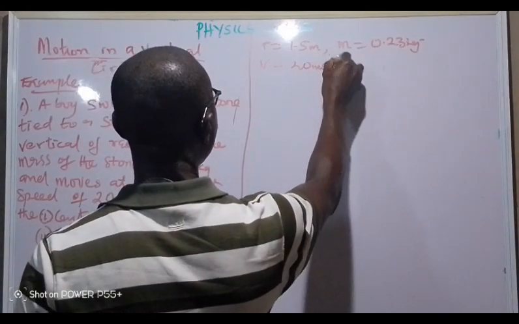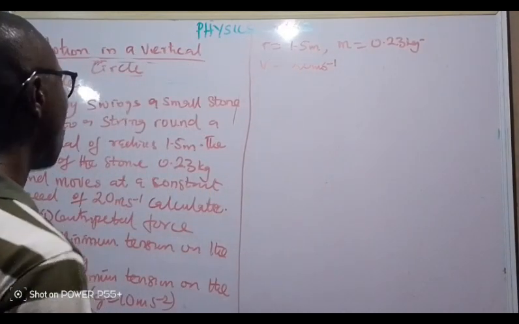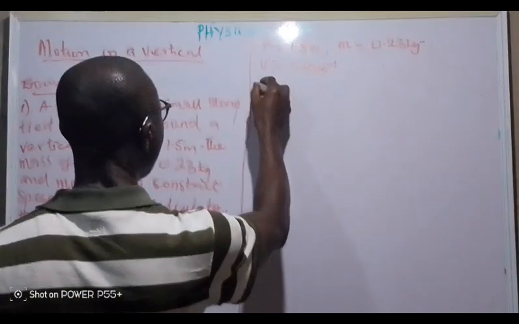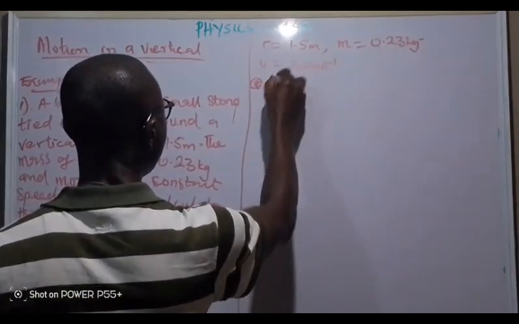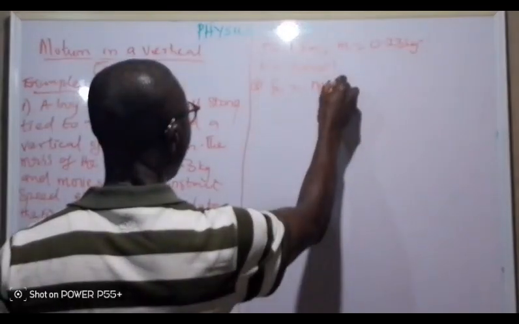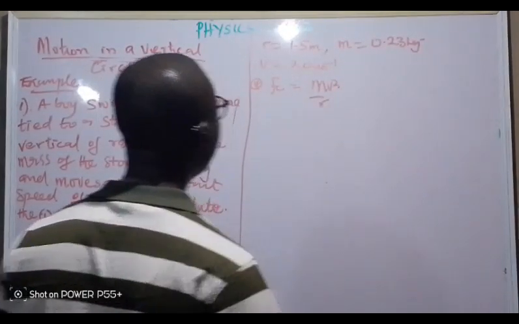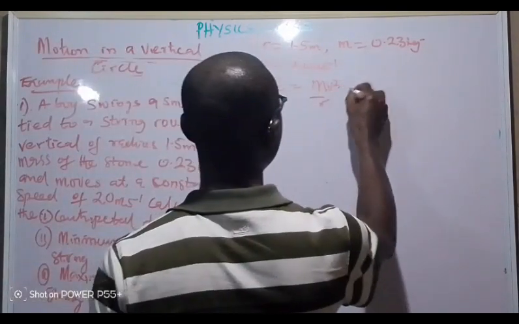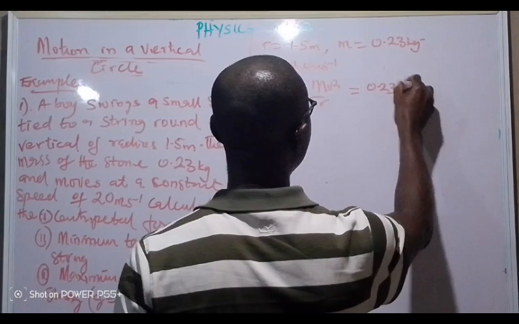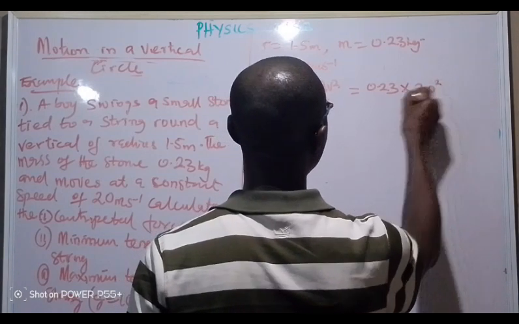So the first question says we calculate the centripetal force. So we can now say 1. Centripetal force Fc is equal to mv square over r. Our m is 0.23, then multiply by 20 square, then over 1.5.